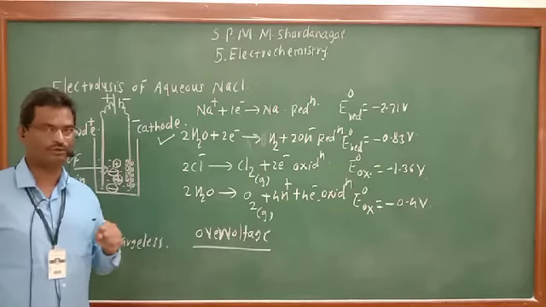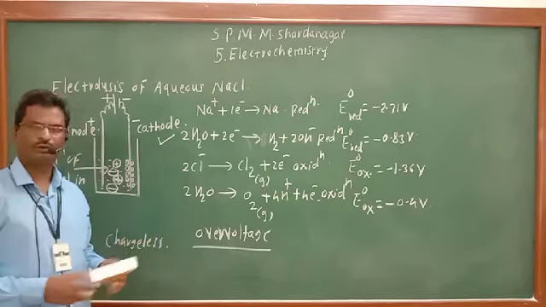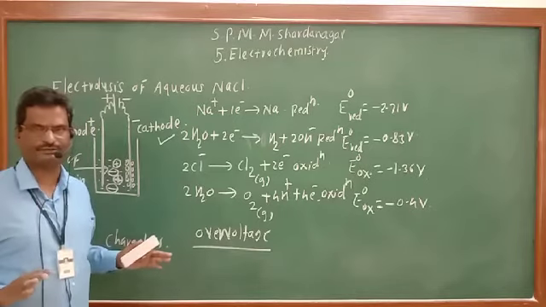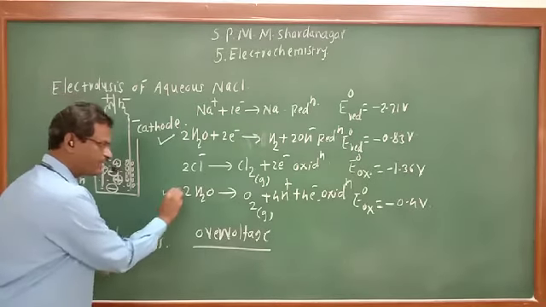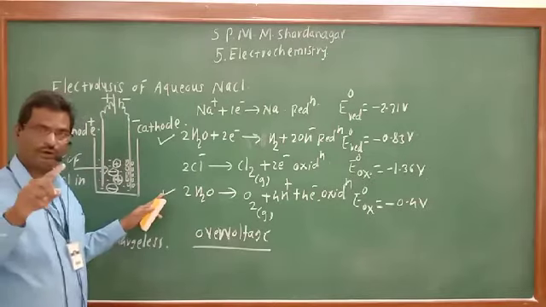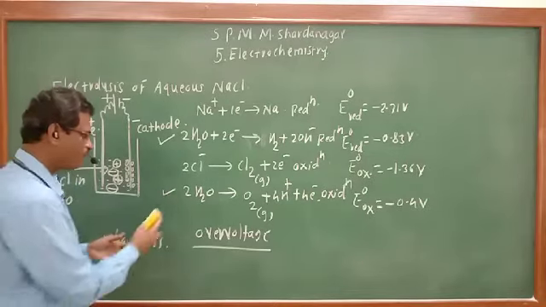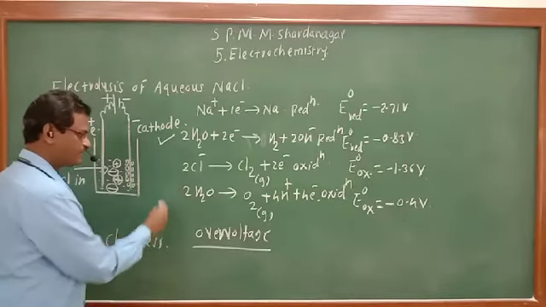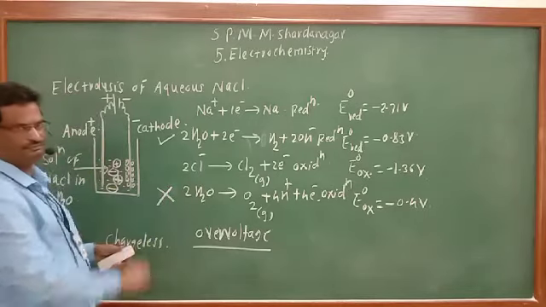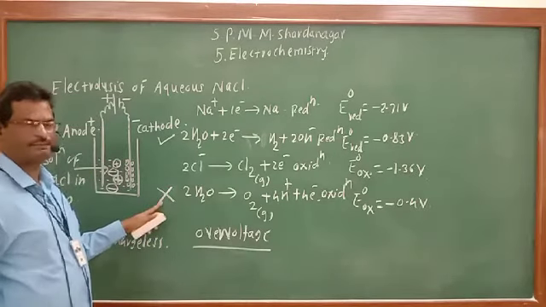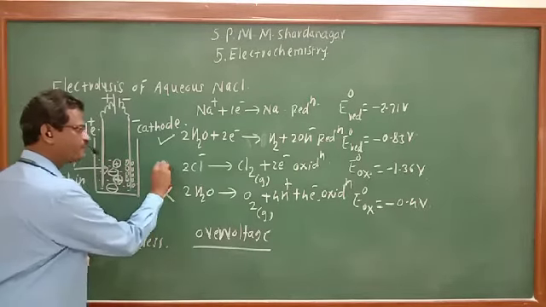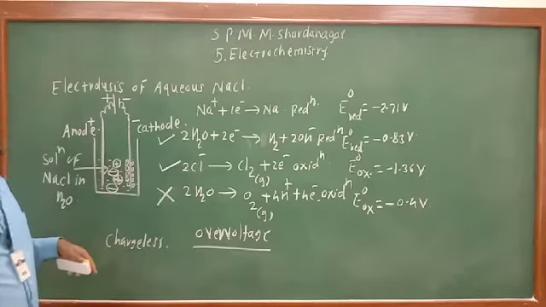But the overvoltage problem takes place. If this reaction takes place at the anode, there is an overvoltage problem. Therefore, this reaction is avoided. It will not take place. Instead of that, this reaction will take place.